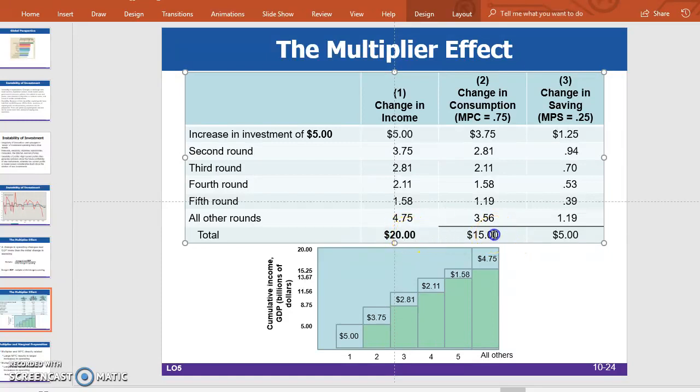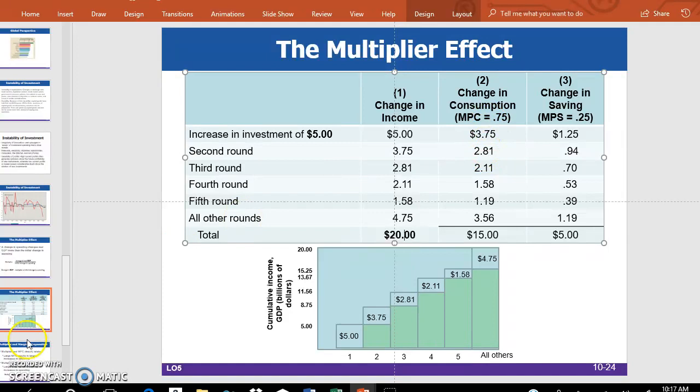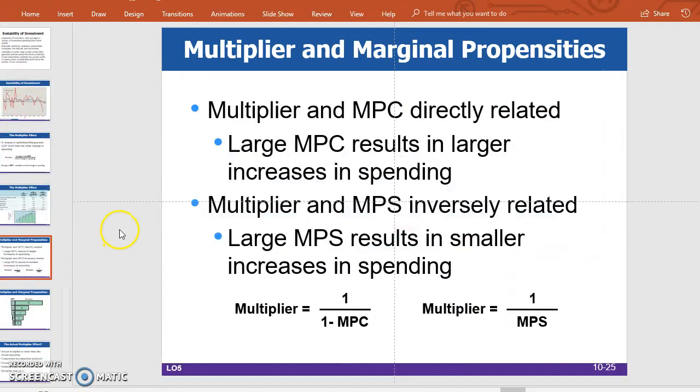And out of that, $15 is the increase in consumption and $5 is the change in savings. So add 15 and 5, you get 20. Now we can do higher algebra and show you that there is another way to measure the multiplier, which is 1 divided by 1 minus MPC.